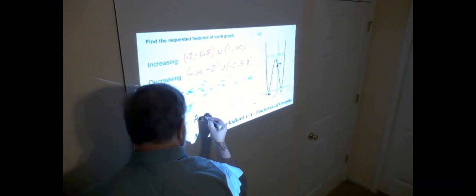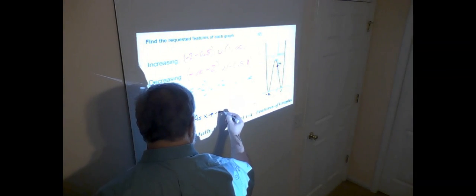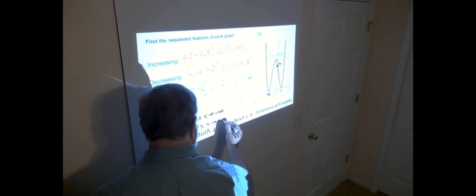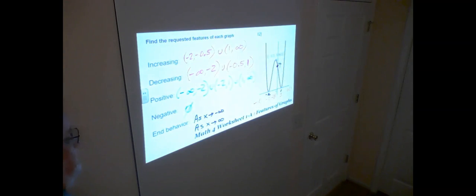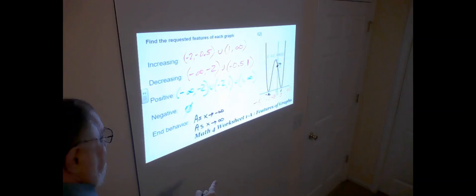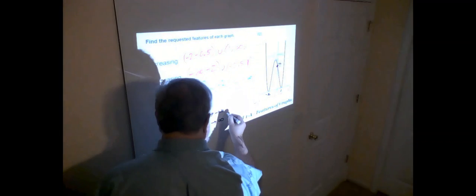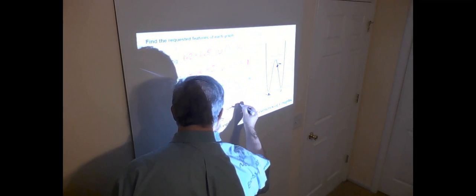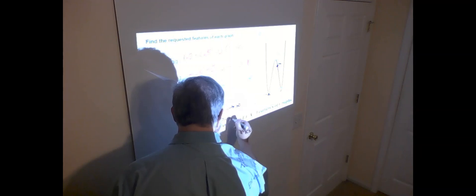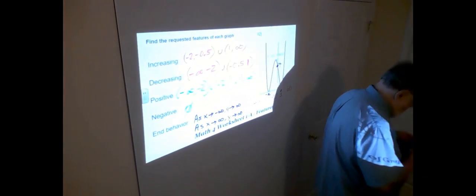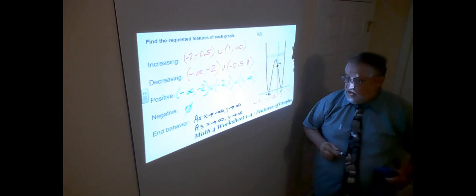We're going to say as x is approaching -infinity, and as x is approaching positive infinity. We're going to have two statements like that. But in both cases, y is going toward positive infinity. So our answer is going to look like that.